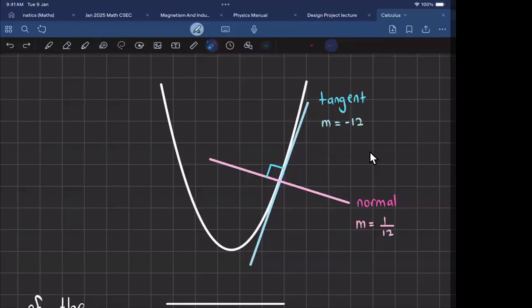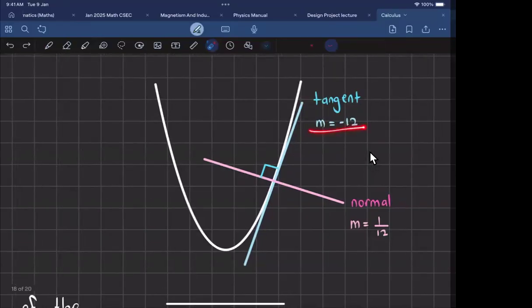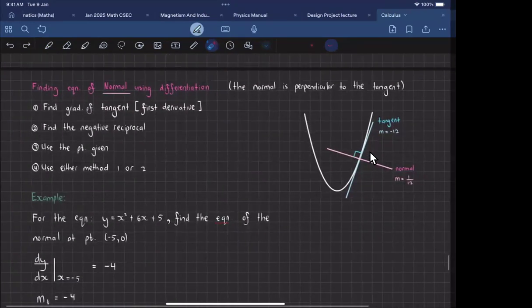So typically you find the gradient of the tangent first. And whatever you get for the tangent, you flip it and you change the sign. So if you change the sign there, it's positive, and you flip it, 1 over 12. So the normal is perpendicular to the tangent. So what you have to do is find the gradient of the tangent first. Then you find the negative reciprocal of that.